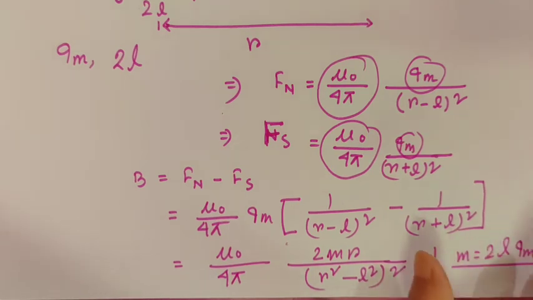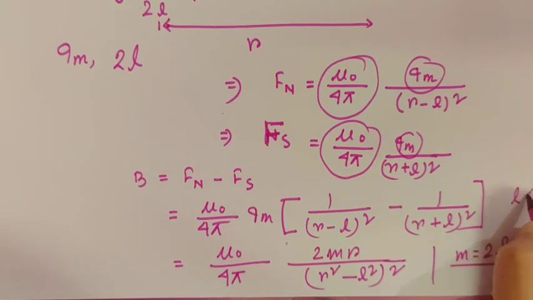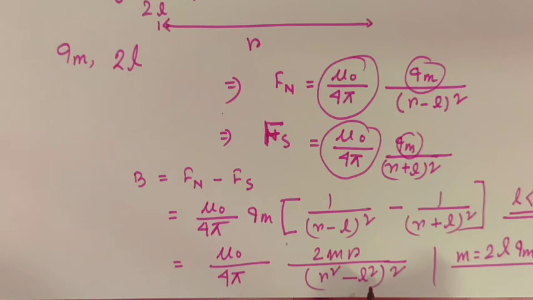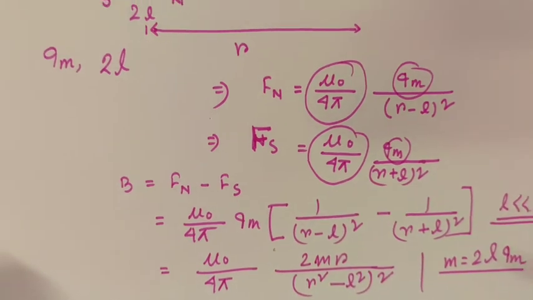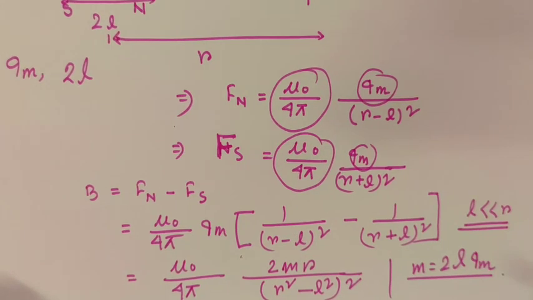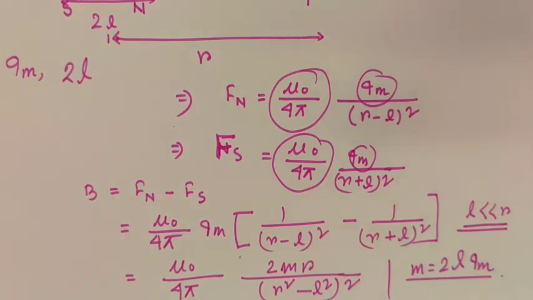So for a short bar magnet, when l is far less than r, we can neglect the l square term. Then we get r to the power 4 and r cancels out. So B is mu naught by 4 pi times 2M divided by r cube for a short bar magnet. Okay, so that's all for today's class. Thank you so much for watching the video.